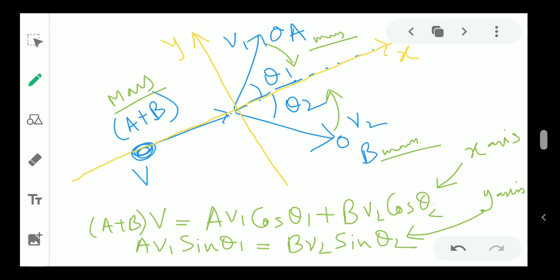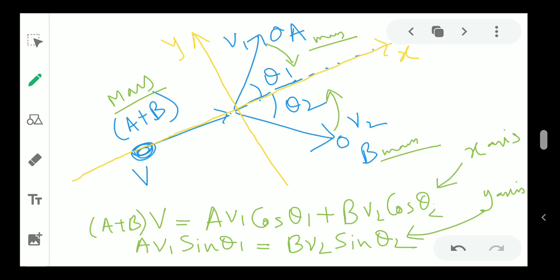You have to remember one thing clearly: momentum is a vector quantity, and whenever we are dealing with a vector quantity we must take components along the x and y axes. Whether it is force, momentum, or velocity, whenever you deal with such vector quantities, you must take the x and y axes, take the components along those two axes, and then equate.